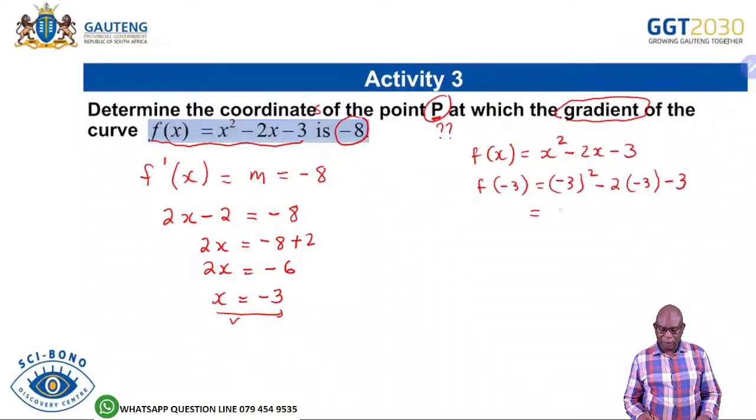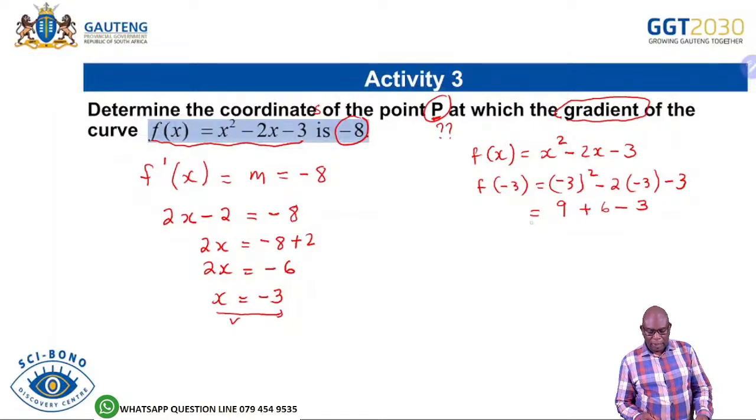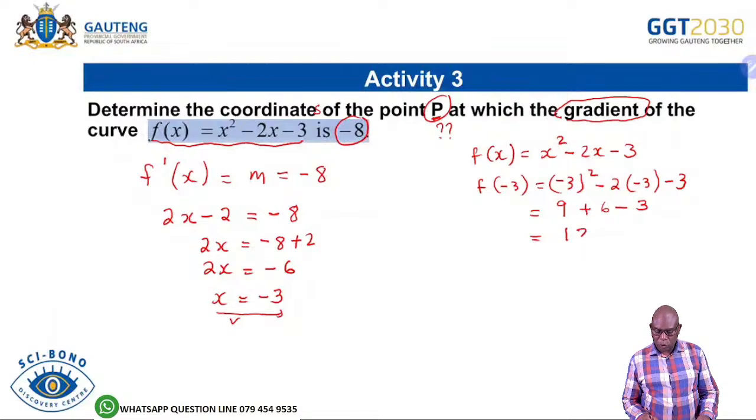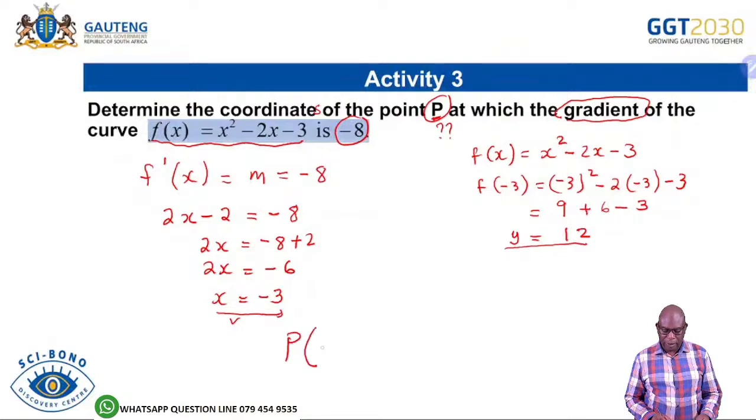So I'll have 9 plus 6 minus 3. And the answer that I'm going to get there will be 12. What is that? 12 is my y value. It's f of minus 3. So now my point P will be negative 3 and 12.